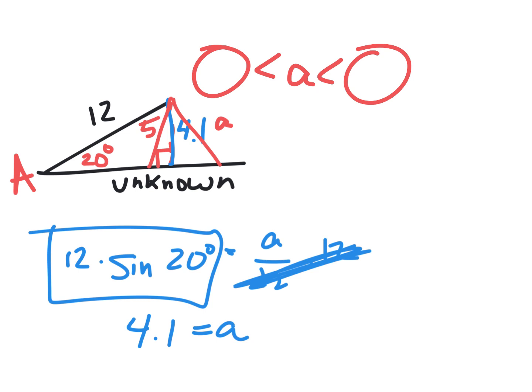The ones that would be like 2 triangles would be between this and this. If you missed a memo at some point, you wouldn't know this, but it's between 4.1 and 12. Those are the lengths. If they're a little bigger than 4.1 and a little less than 12, then all of those lengths, like 5, for example, would cause 2 triangles.